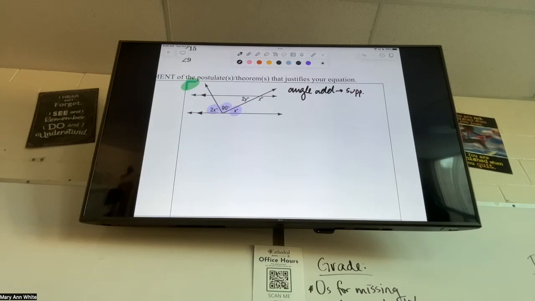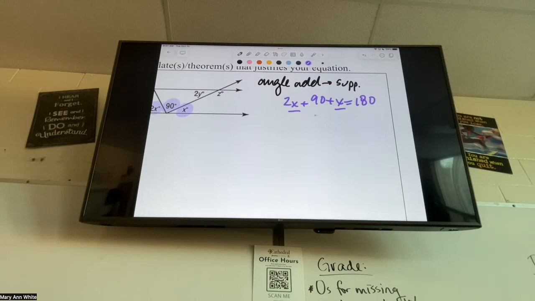So we are going to do 2x plus 90 plus X equals 180. Is anyone confused on why Sam knew that those all added to 180? Nope, okay, perfect. We're gonna combine our like terms: 2x and X to get 3x plus 90 equals 180. We're gonna minus 90 from both sides, and divide by 3, so we get 30.